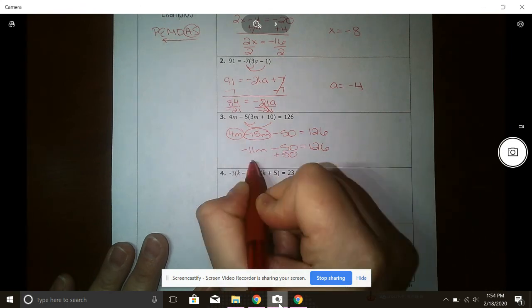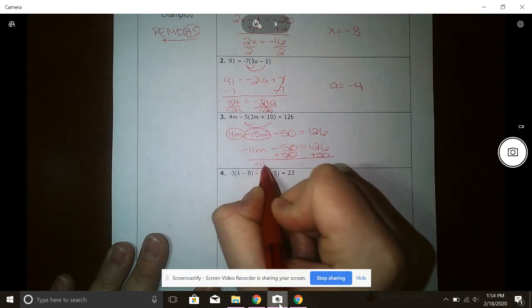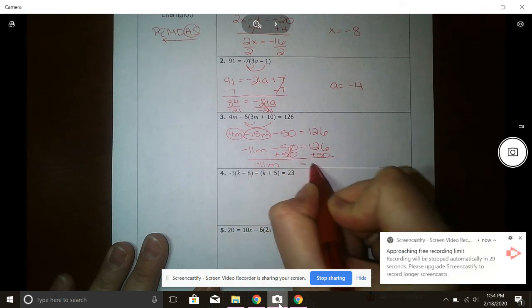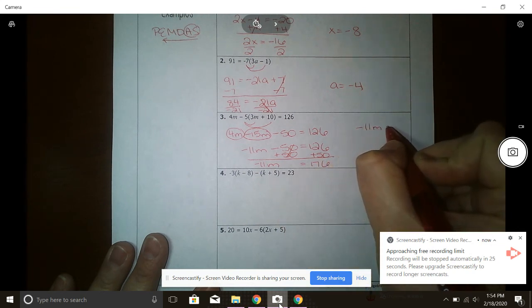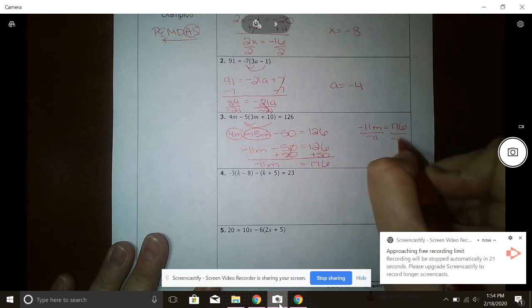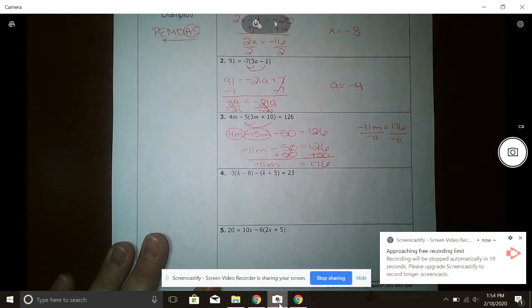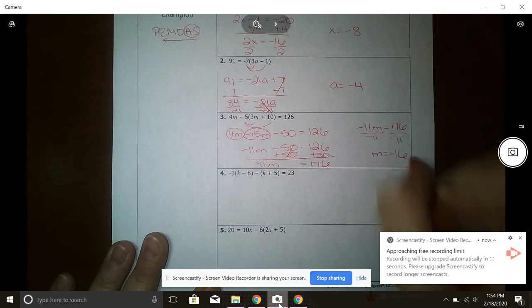Remove the minus 50 by adding. And then remove the negative 11 attached to the m by dividing. 176 divided by 11 is going to be negative 16.